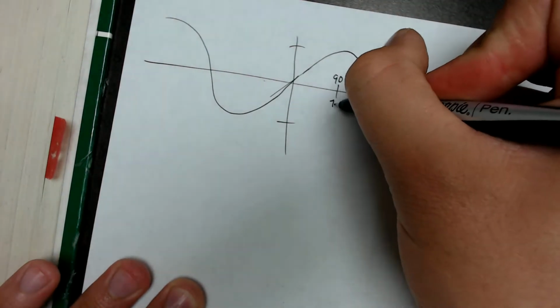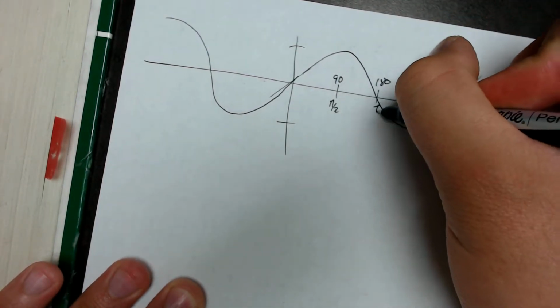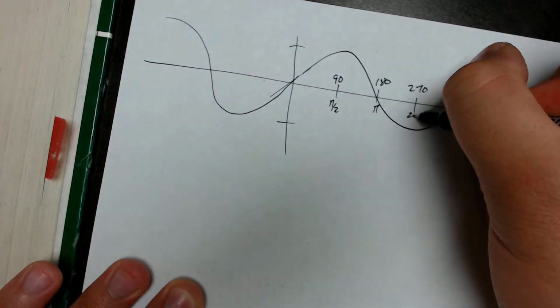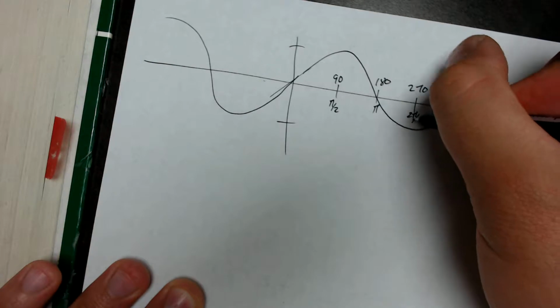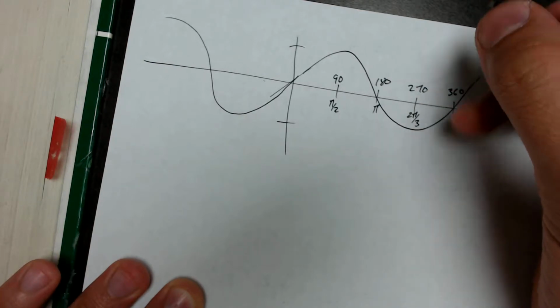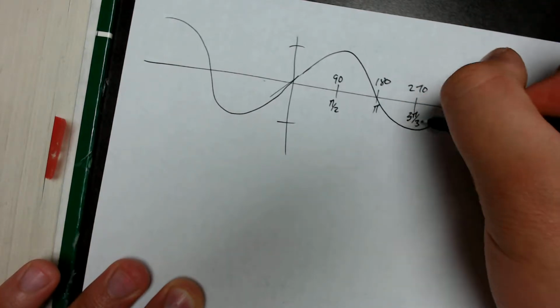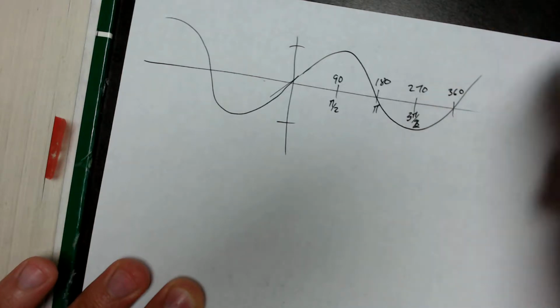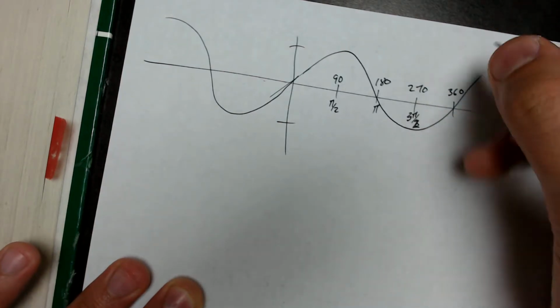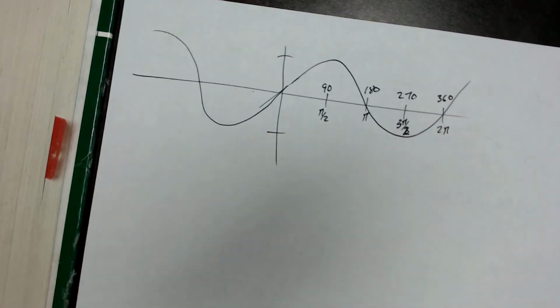Or in radians, we have pi over 2, pi, 3 pi over 2, whoops, had that one backwards, and 2 pi.